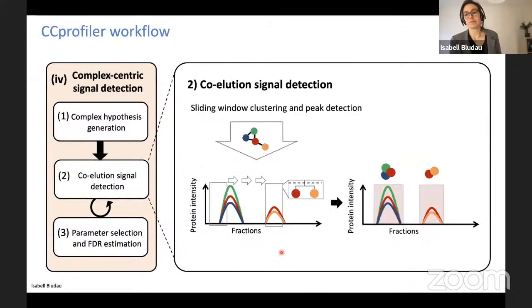Now we go to the coelution signal detection, and here we implemented a sliding window approach, where we go over the fractionation data and try to find regions where our target proteins are highly correlating, and we perform a peak detection.